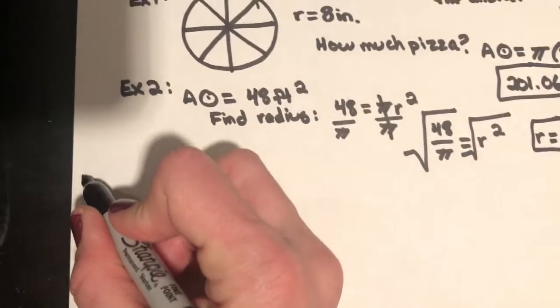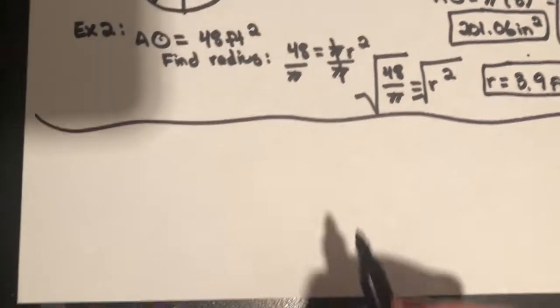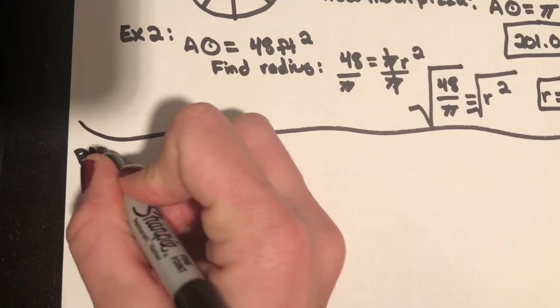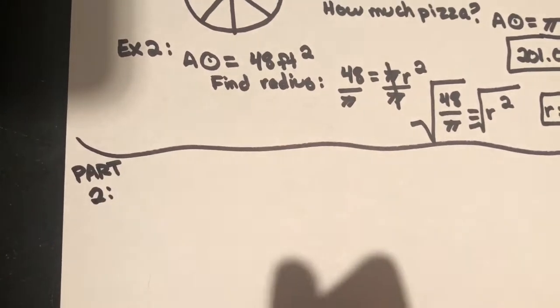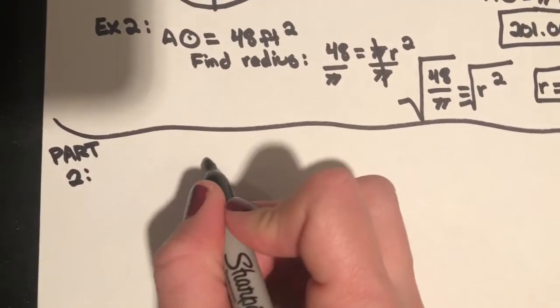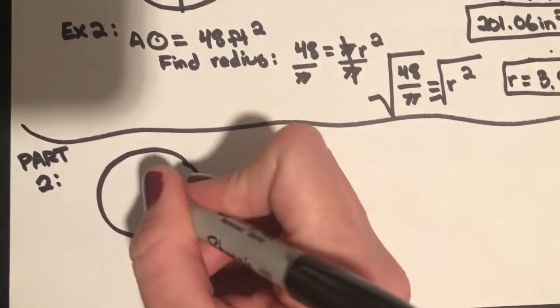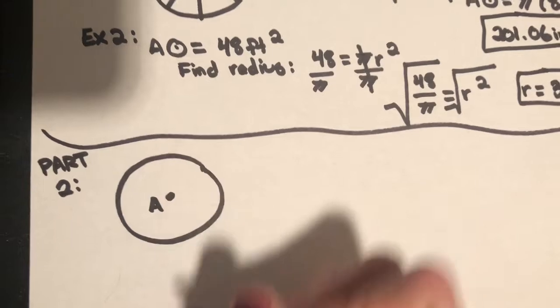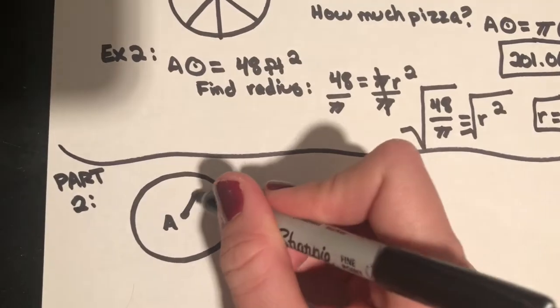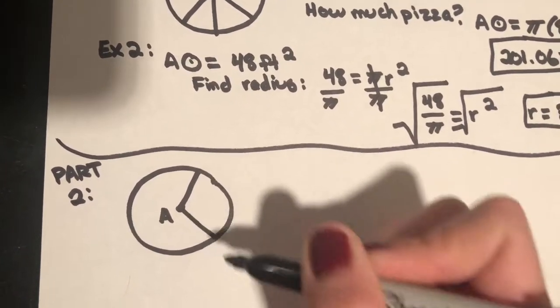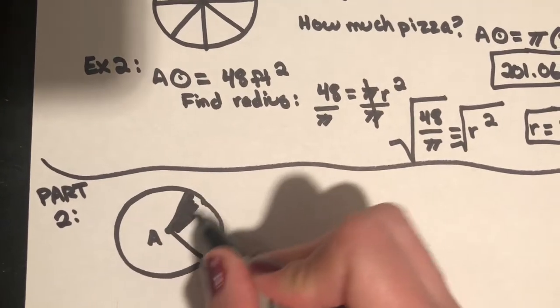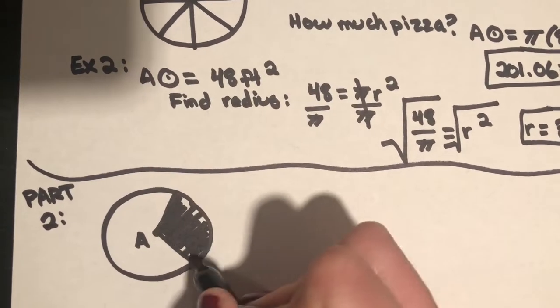All right. Part 2 right here. This is going to be area of a sector. So we have another circle right here. I'm going to call this circle A. And I'm actually going to draw in 2 chords. And I'm going to shade in this part right here.